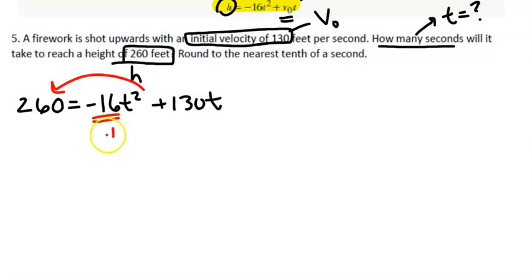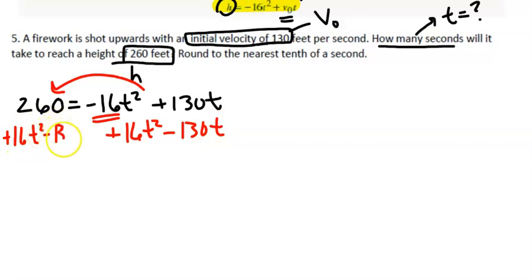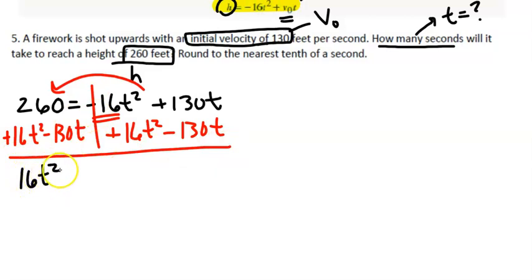So I'm going to add 16t squared minus 130t to both sides of my equation. And then here's what I have next. 16t squared minus 130t plus 260 equals 0.